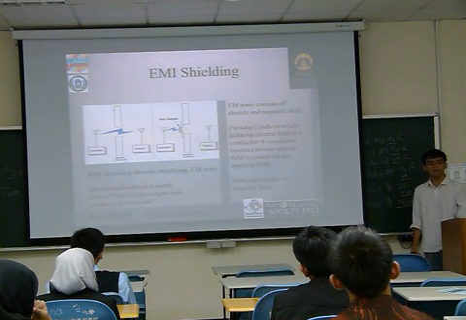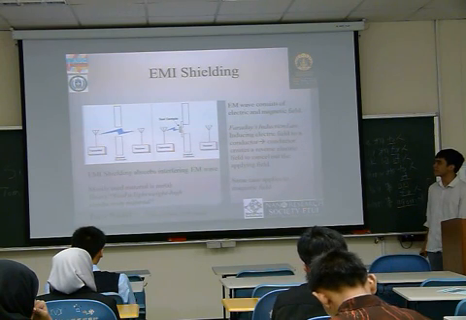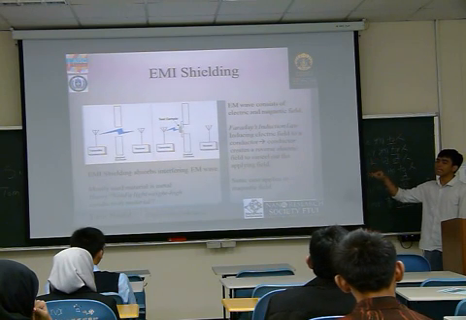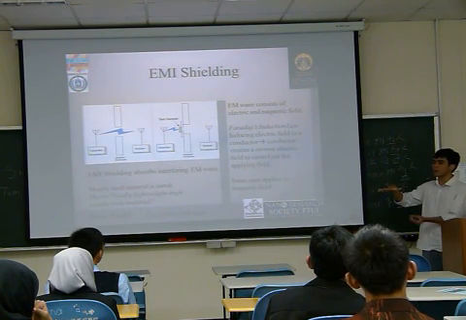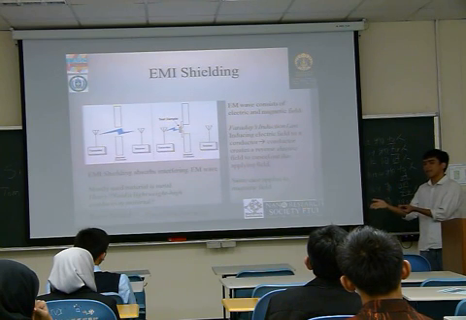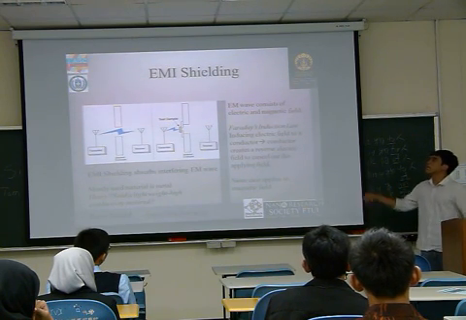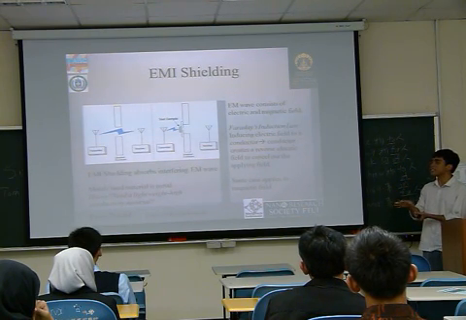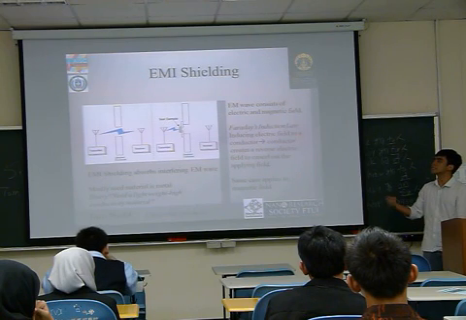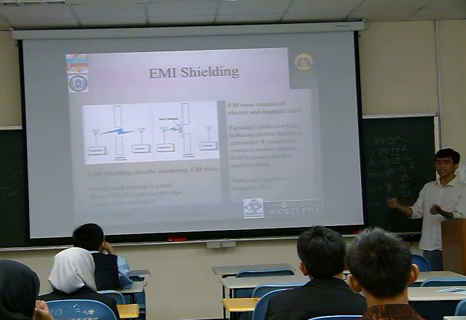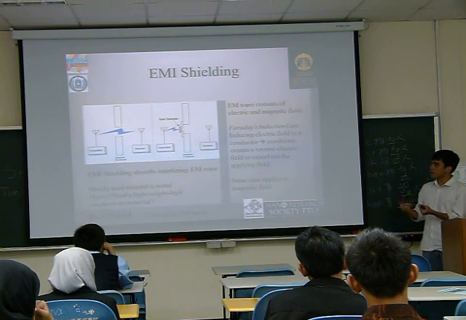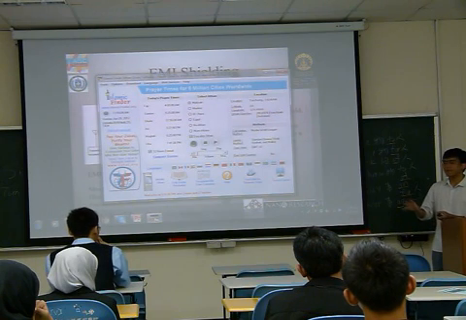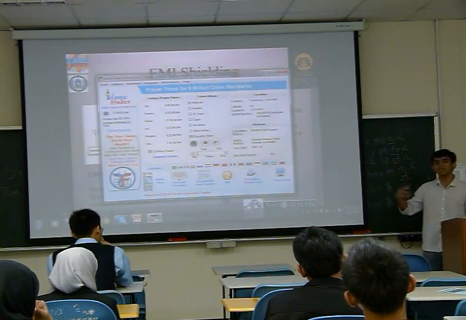So how does electromagnetic interference shielding work? The electromagnetic wave interferes with the other electromagnetic waves that the other electronic devices emit or absorb. The way we protect our device from interfering with other electromagnetic waves is to establish a shield or a cover to isolate our electronic device, so it does not interfere with the other electromagnetic waves from the outside.